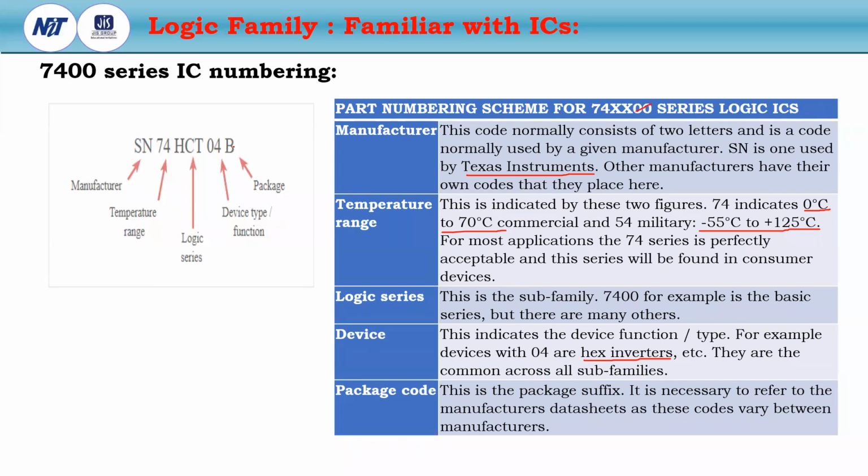Now this last letter is called the package code, or the package suffix. It is necessary to refer to the manufacturer's datasheets, as these codes vary between manufacturers. So these are the 74 series, mainly made with transistors, the TTL logic families.